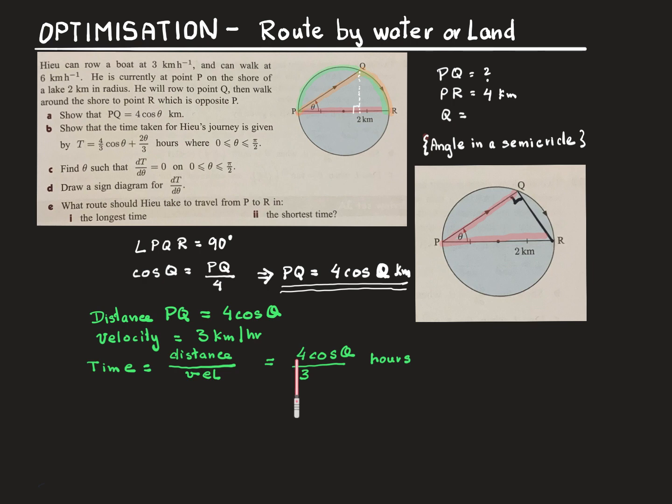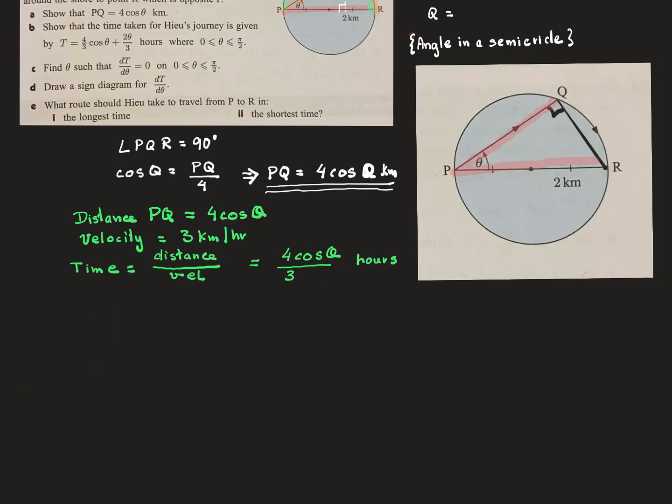But this is going to be our time for PQ. So the time for PQ is going to be 4/3 cos theta hours.